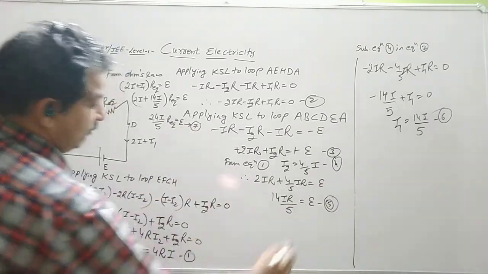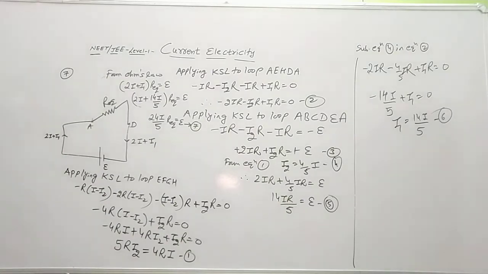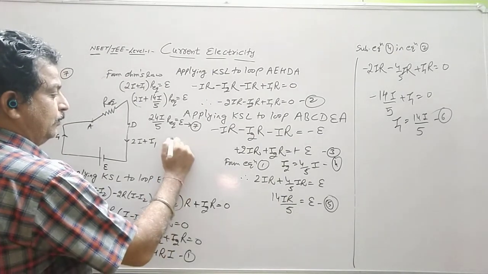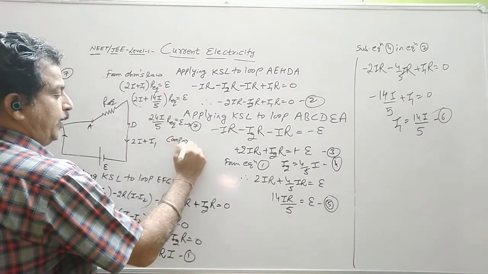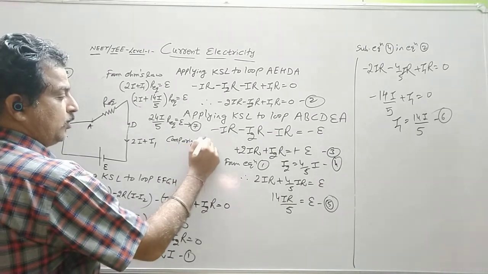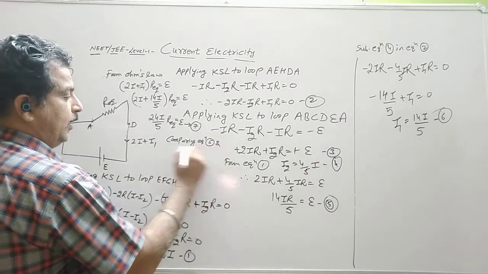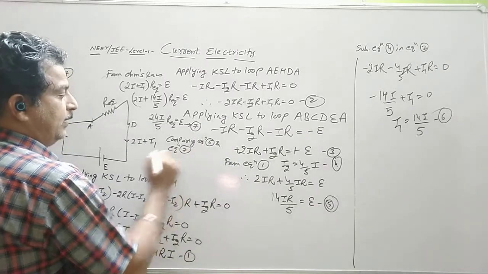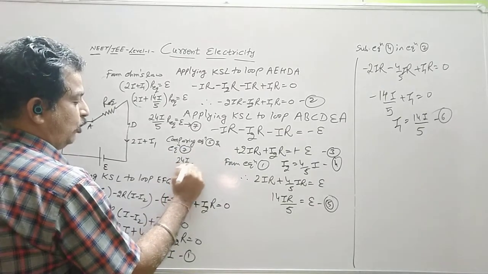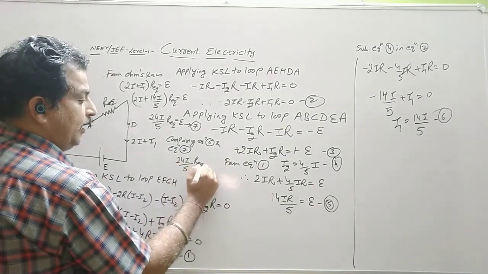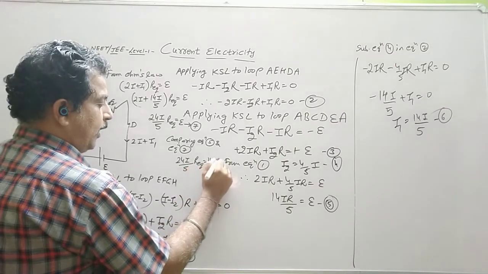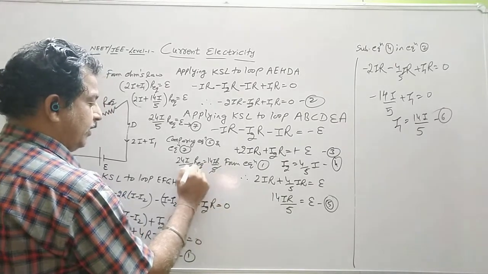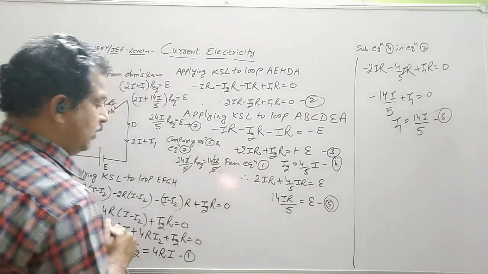Now compare 7 with 5. So we are comparing equation 5 and equation 7. 24I upon 5 R equivalent is equal to 14 IR upon 5. 5 is cancelled, I is cancelled.